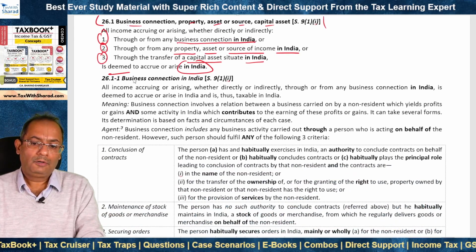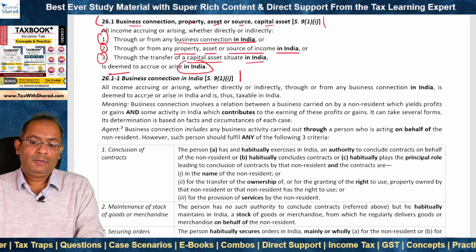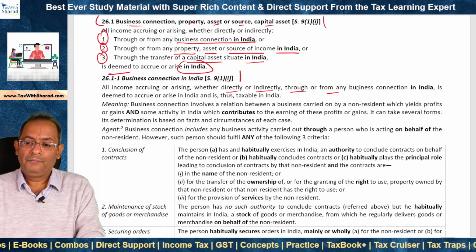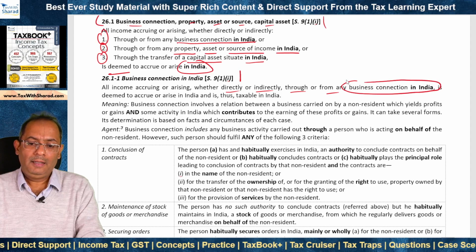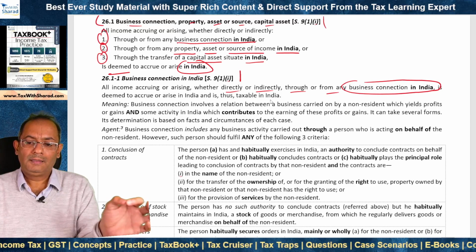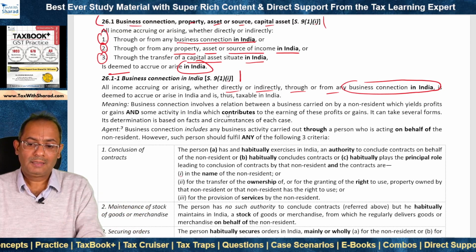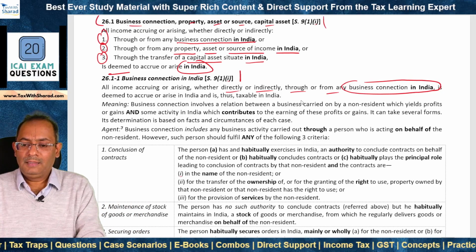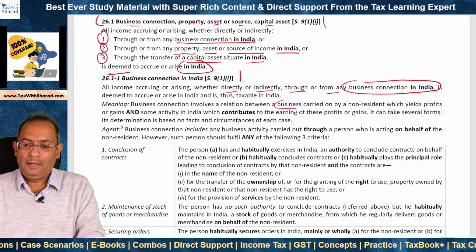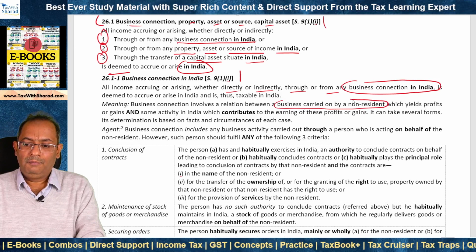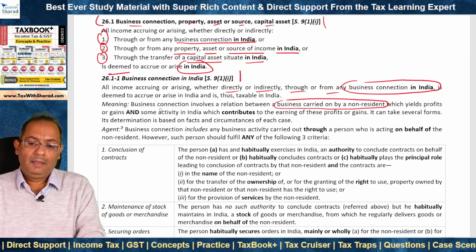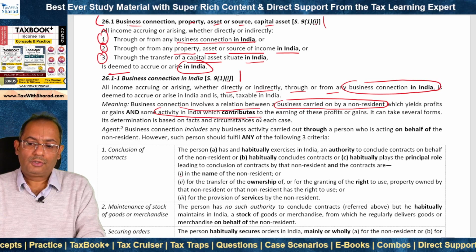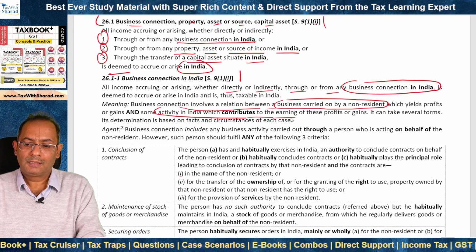So first category is on account of business connection in India. So all incomes which accrue or arise directly or indirectly through or from any business connection in India is deemed to accrue or arise in India and is thus taxable in India. What is the meaning of business connection? Briefly, there, say, is a business which is carried on by a non-resident, and some activity in India which contributes to the earning of the profits and gains from such business.